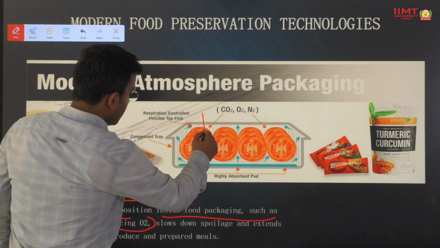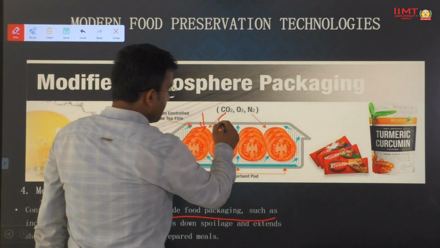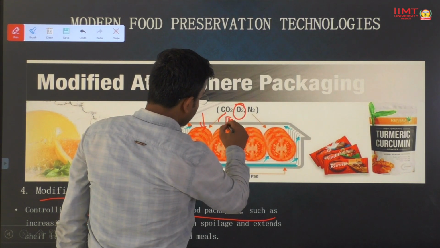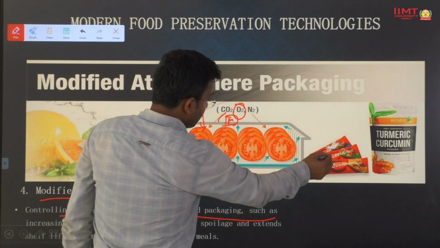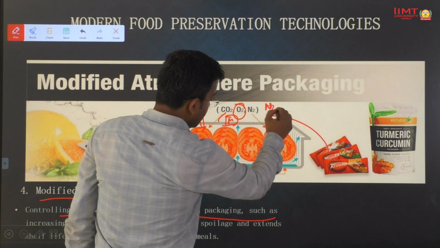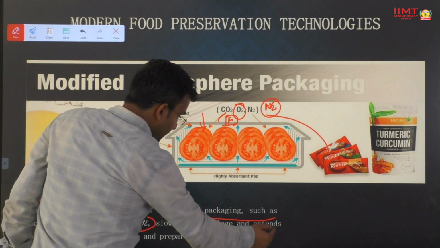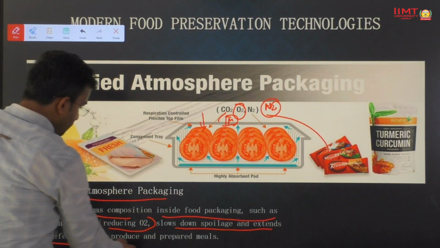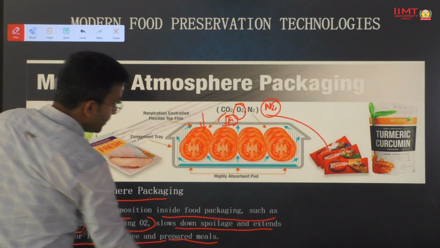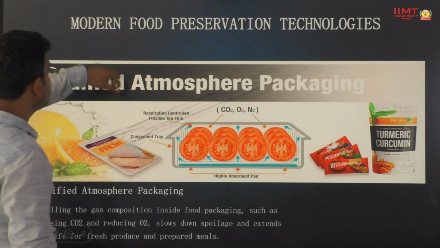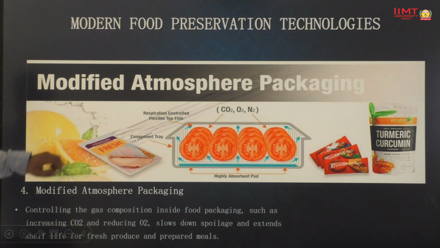If we insert CO2, the oxygen is cut, and in some food items we fill nitrogen gas to slow down the spoilage and extend the shelf life for produce and prepared meals. It's an advanced technology in food packaging.